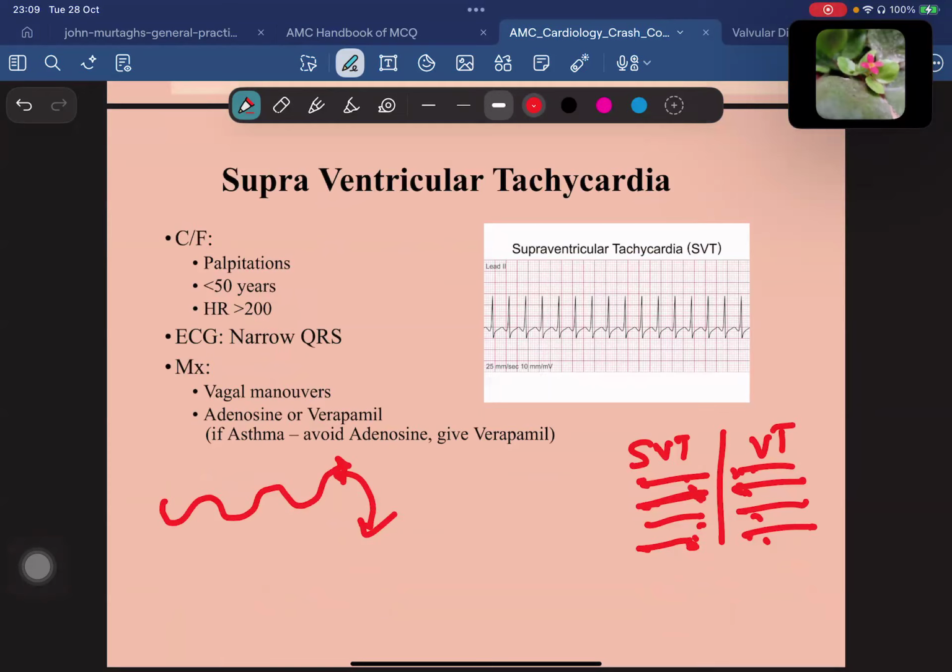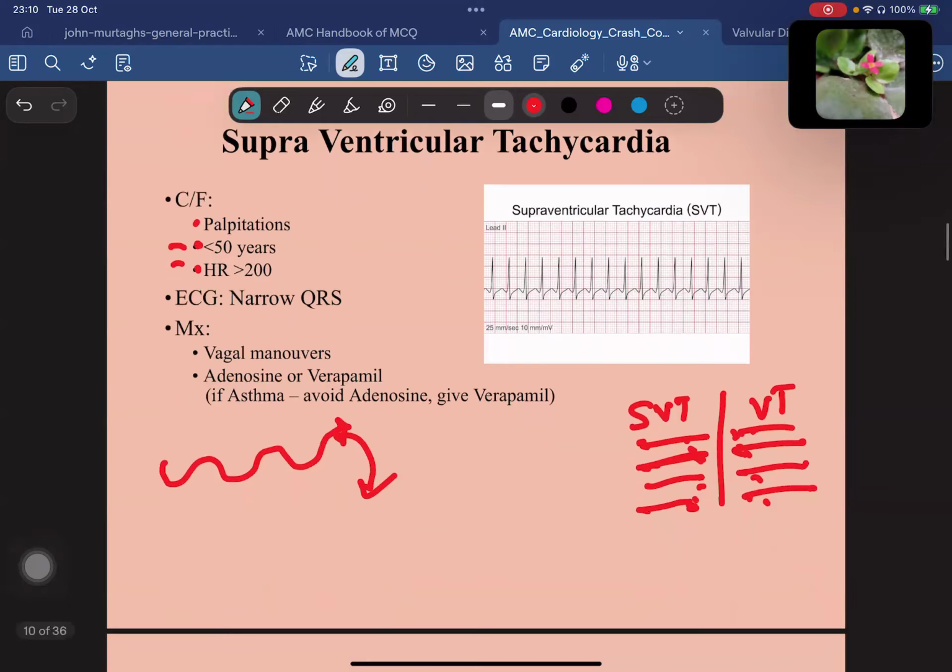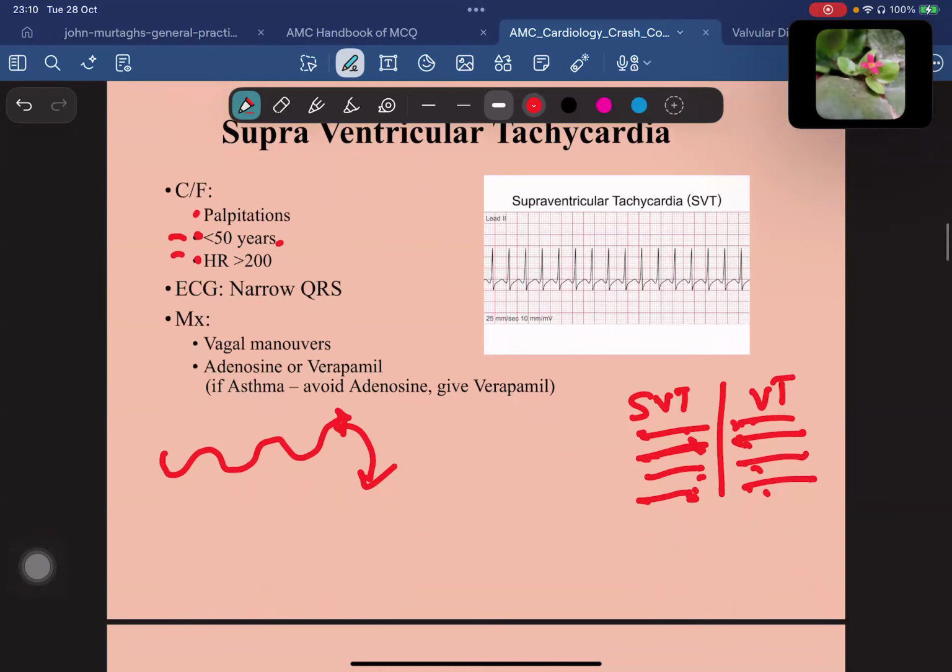The first one I'm just going to go through is supraventricular tachycardia. Clinical features, you'll have palpitation. Like I said, these three points, especially these two, if you can remember, it'll be very helpful to differentiate it from ventricular tachycardia. So remember, more in the young, less than 50, and heart rate would be very high, more than 200.